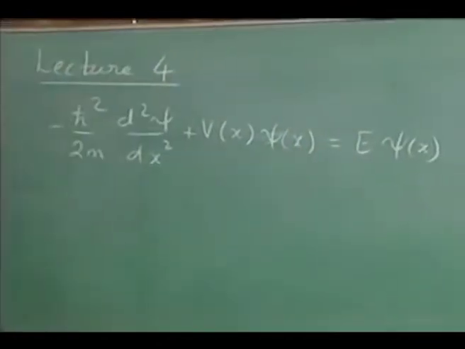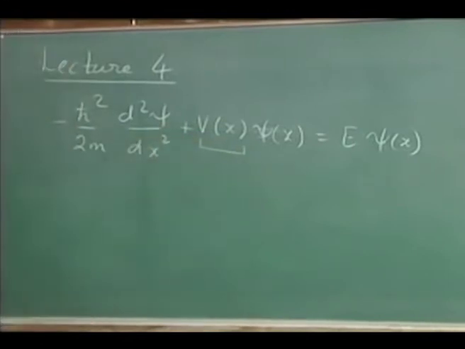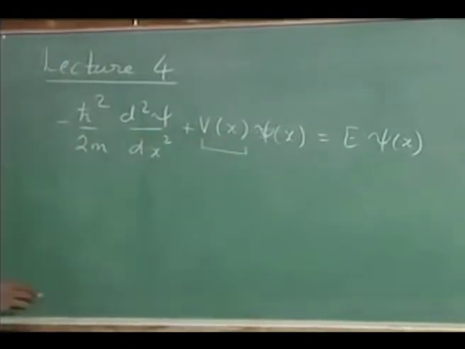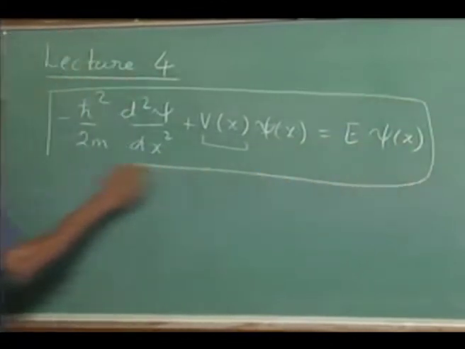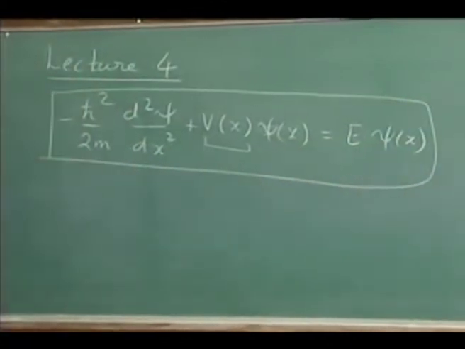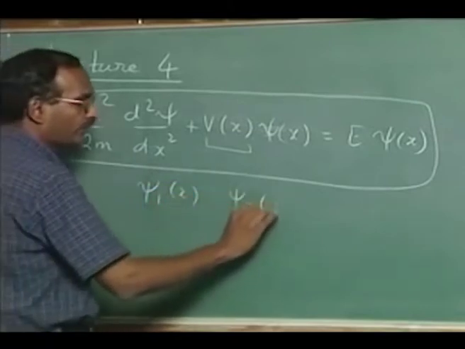For a particle in one dimension, we assumed this potential to be 0 in a certain region and infinity everywhere else, and we had simple solutions coming out of it. The idea of quantization also came out, and the wave functions. The solution gave an infinite number of solutions, which we marked as psi 1 of x, psi 2 of x, etc.